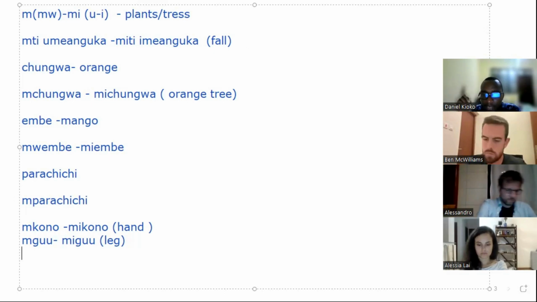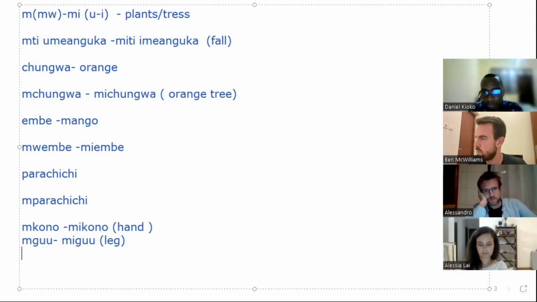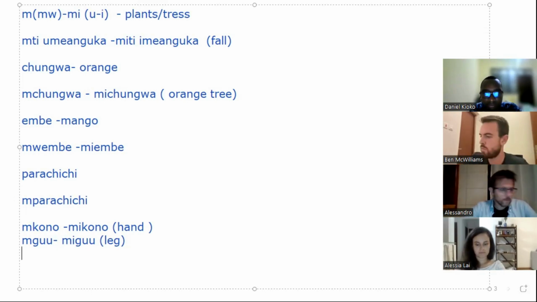That's why I said the best way of learning the noun classes and the body parts is doing a vocabulary list of the body parts, and then you put the noun classes in brackets, because it will cut across all the noun classes. Okay, so the body parts will always follow the noun class, and it's not like it goes to another noun class. Yes. So when it's mkono, it stays in the M class. Yes. Okay.